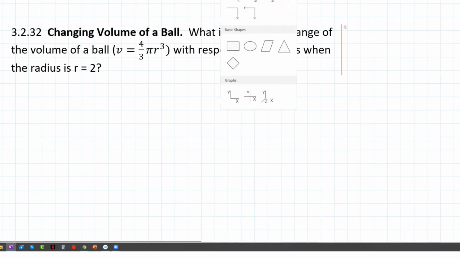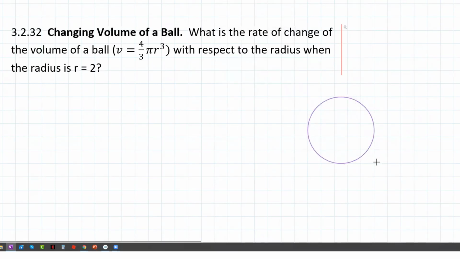Okay, so to visualize this, we have a ball and maybe we're pumping it full of air or something. Something is causing this ball to expand. The ball is a sphere with a radius r. And at one moment in time, the ball looks like this.